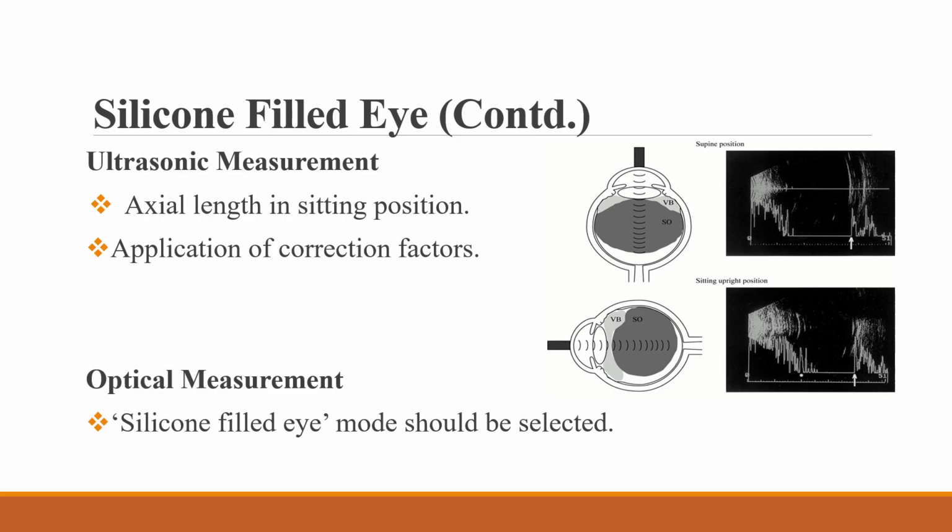Silicone filled eye, continued. Ultrasonic measurement and optical measurement. In case of ultrasonic measurement, measure axial length in sitting position and apply correction factors, and in optical measurement, silicone filled eye mode should be selected.